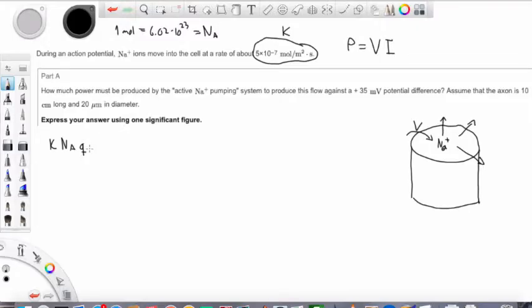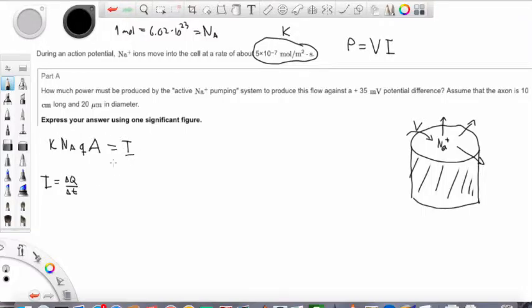And if we multiply this amount by the area that we are pushing the sodium ions through, which is the surface area of the cylinder, then we get how much charge per second we are pushing, and that is the definition of current. Remember, current was amount of charge over a unit time, and this is what we have here.